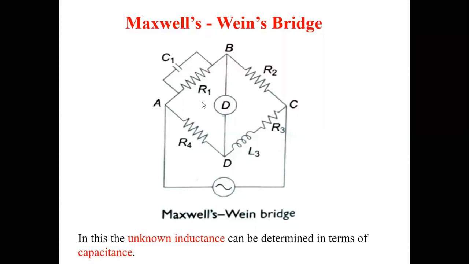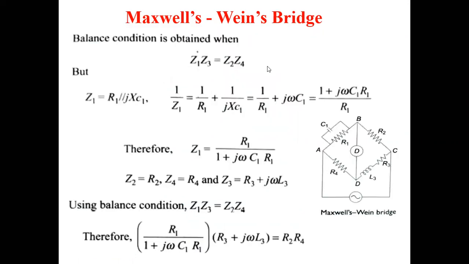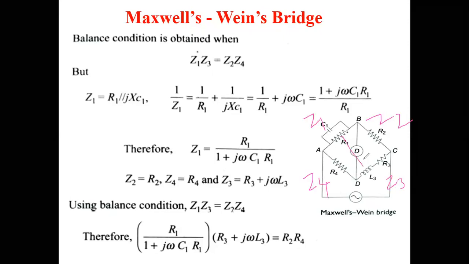Now in this Maxwell bridge, one of the arms is a parallel RC combination, that is C1 and R1. Under balanced bridge condition we have Z1 Z3 is equal to Z2 Z4. Here Z1 is the parallel combination of C1 and R1.